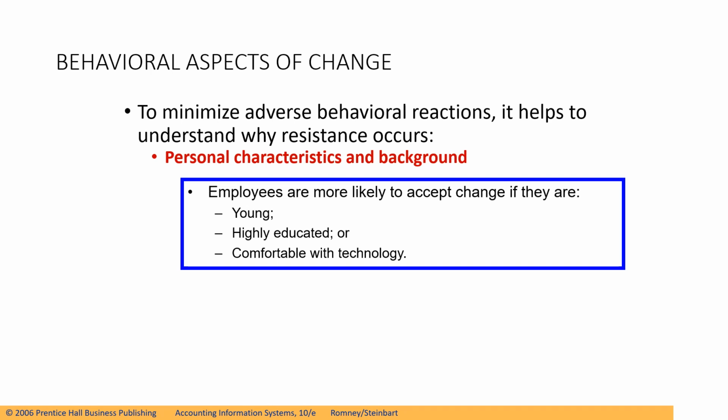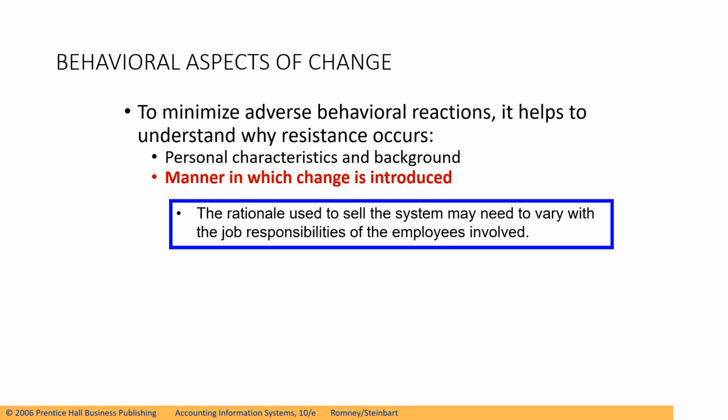Employees are more likely to accept change if they are young, highly educated, or comfortable with technology. So as I mentioned earlier, the older generation is reluctant to change, but the younger generation and highly educated people, who are of course already comfortable with technology, really like change. So it depends upon the characteristics and background of your employees.